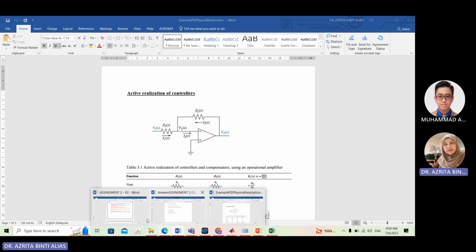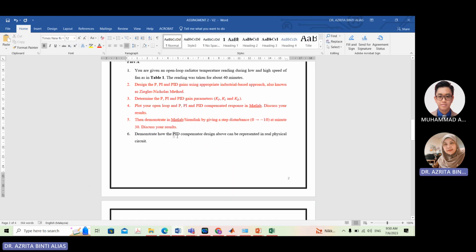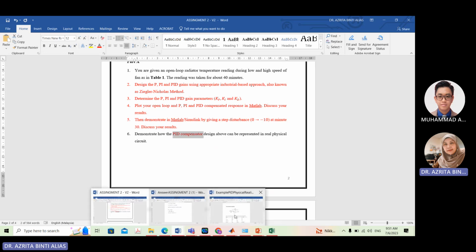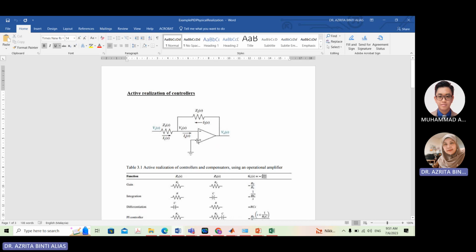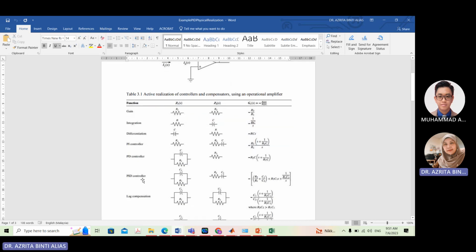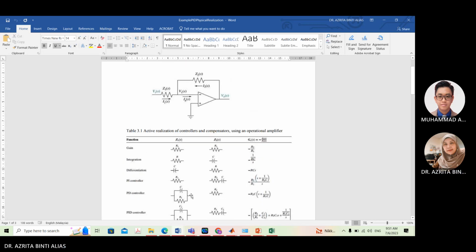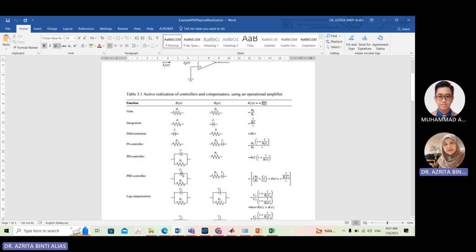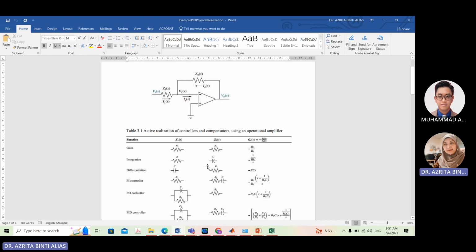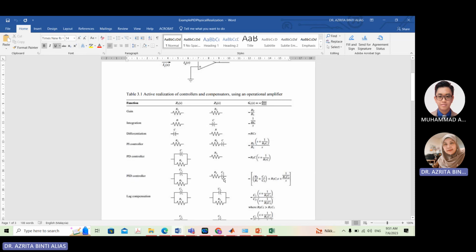Okay, so the question here, you only show the PID compensator, so that means we will refer to this block diagram and find the PID circuit. So PID here means that the Z1 is referred to as C1 parallel with R1, and Z2 is referred to as R2 series with C2.